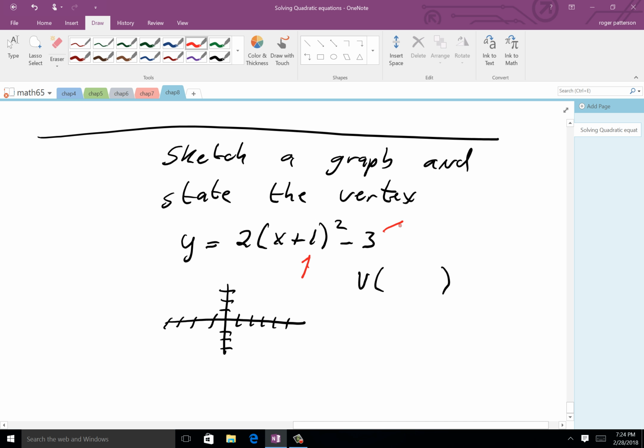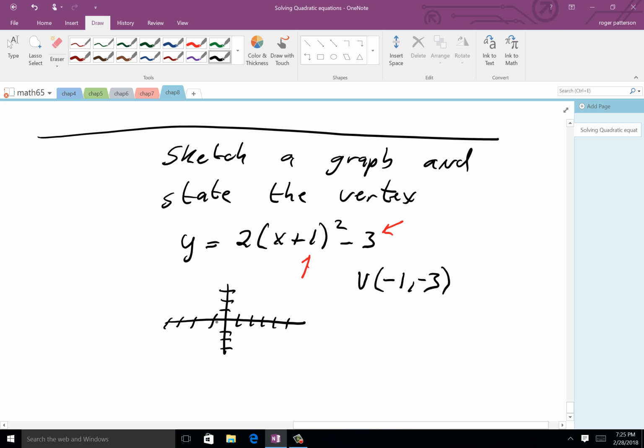We have to be careful. It's -1, -3, because remember, it's minus, so H is going to be the opposite of that. -3 just drops down there, so that's nice. K is just K, but H has got to be the opposite. So I'm going to go to -1, -3. I'm going to put a dot there.